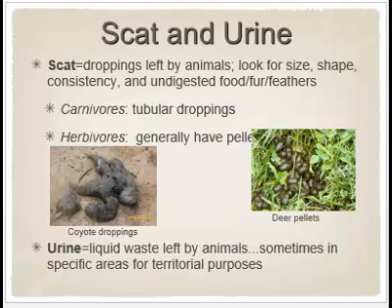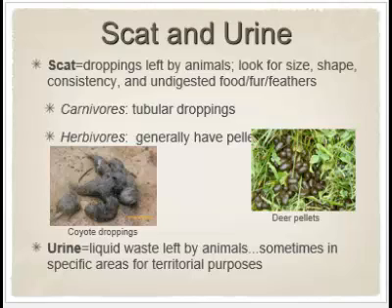Now we're going to move on to scat and urine. Scat is defined as the droppings left by animals. You're going to look for size, shape, consistency, and also undigested food, fur, or feathers that are in the scat. Carnivores typically have tubular droppings, as you can see on the left-hand side. Coyote droppings are tubular in nature, and they oftentimes contain fur and even sometimes skeletal pieces.